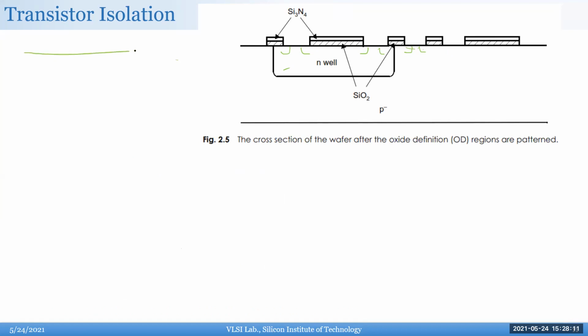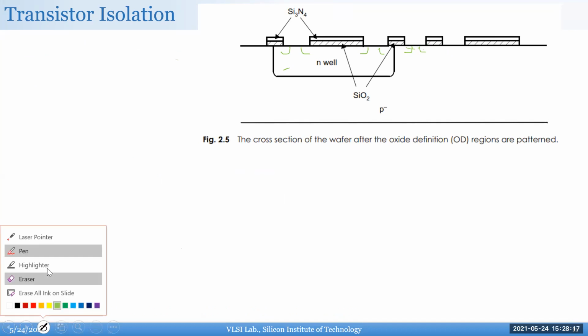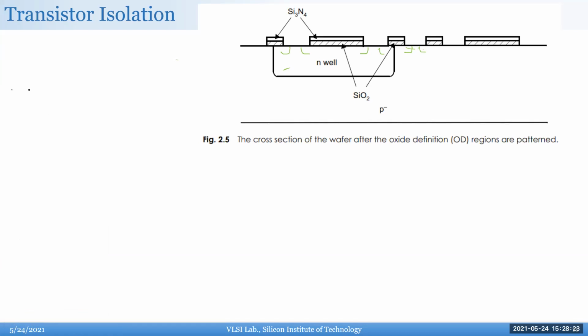So let's say this is your substrate, right? And you did a PMOS where you did P plus gate and all that, and you put an N well here, and you did N plus.